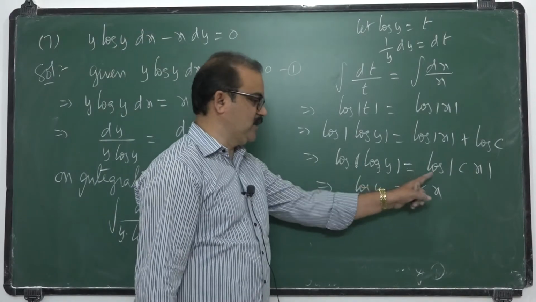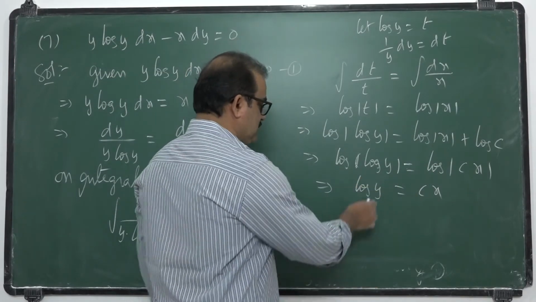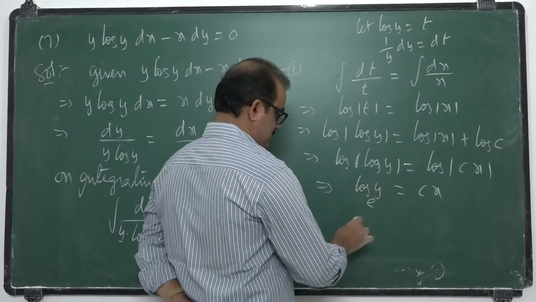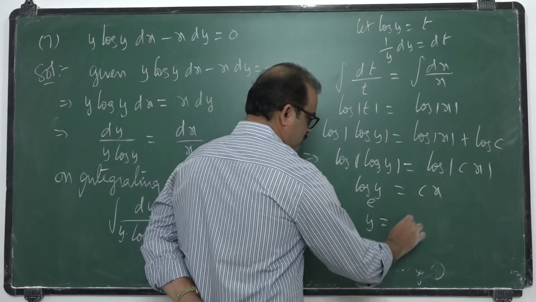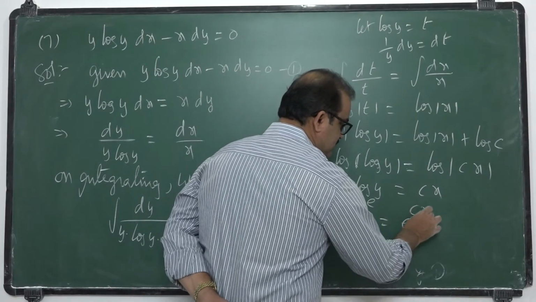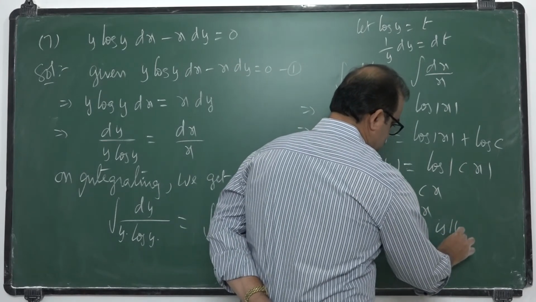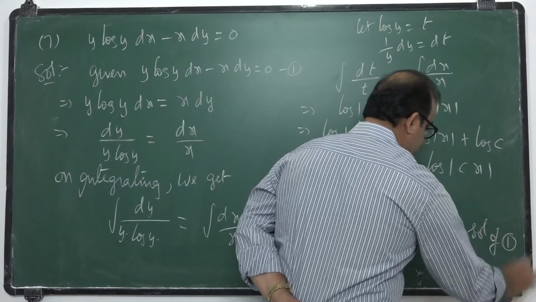Generally log y is with base e. From the definition of logarithm, y is equal to e to the power of c into x. This is the solution of equation 1.